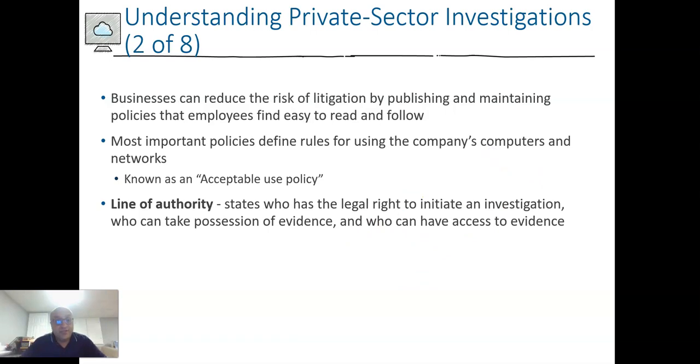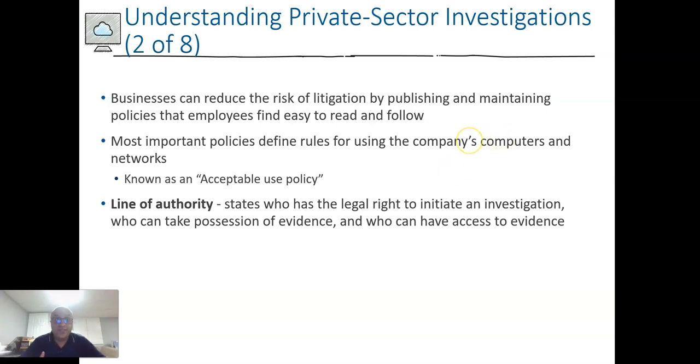So a business can reduce the risk of litigation by publishing and maintaining policies that employees find easy to read and follow. The most important policies define rules for using a company's computers and network, known as an acceptable use policy. Okay, line of authority, which states who has the legal right to initiate an investigation.